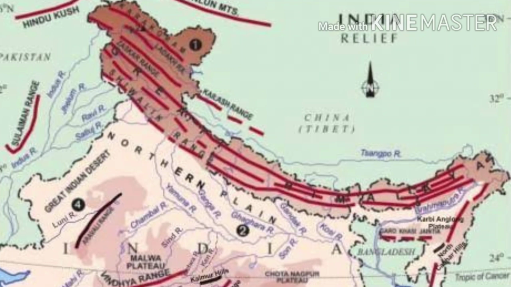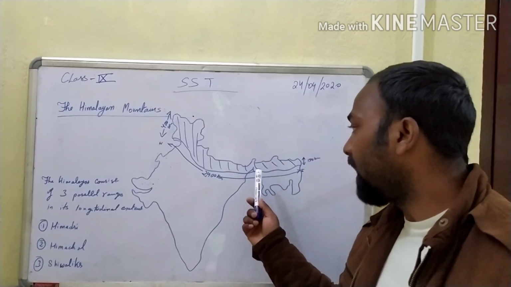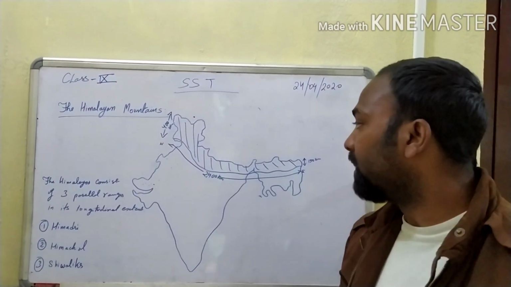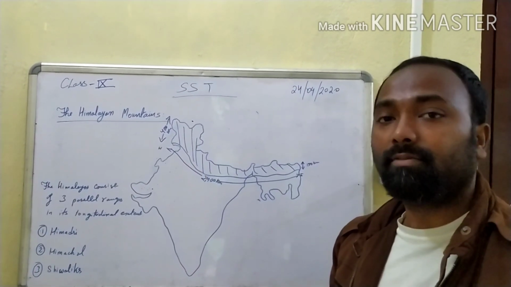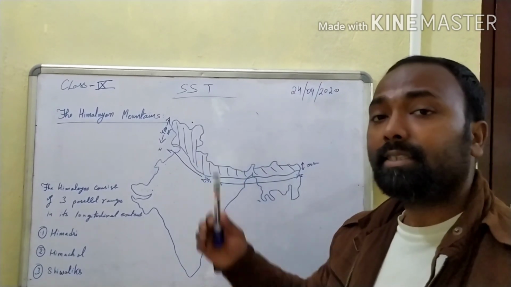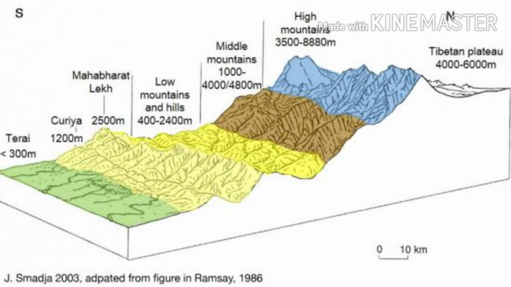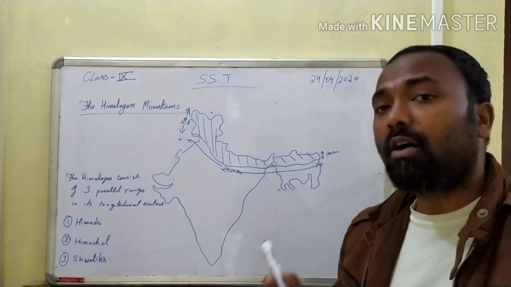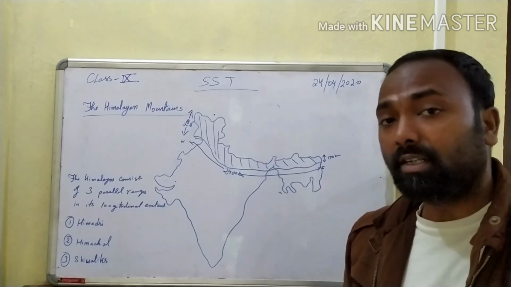There is a variation in the altitudes of the mountains in the Himalayan range. If we look on the eastern side, we find that the eastern half of the Himalayan range is higher than the western half. That means the mountains in the eastern half are higher in altitude in comparison with the western half. As we know, the Himalayan range is the loftiest and the most rugged mountain barrier in the world.